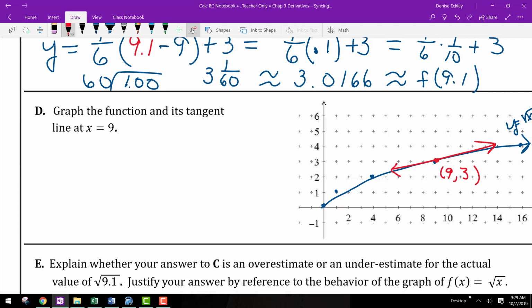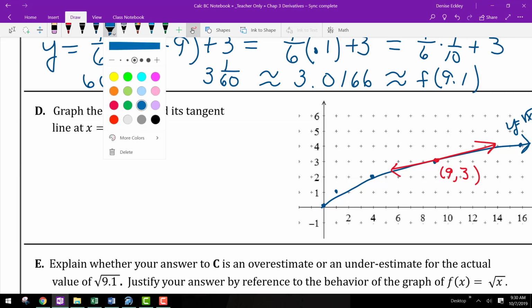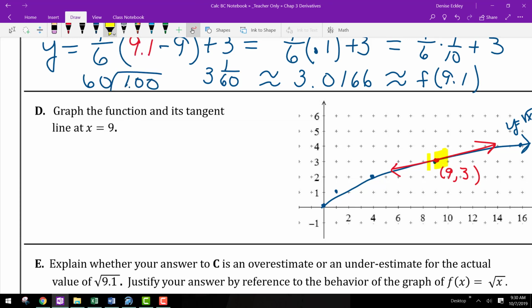And I can see that in that region it is very, very close. They're really kind of touching each other right through there. The linear approximation is very close to the curve. So this is not a bad approximation of the value.